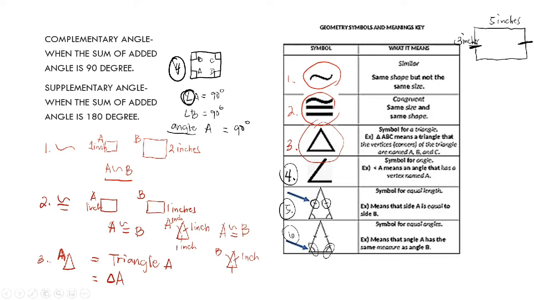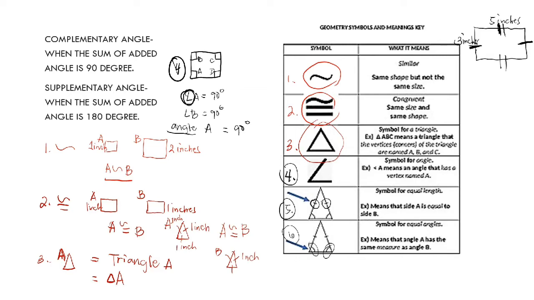And for the top, I cannot use one stroke, dahil kapag sinabi natin one stroke, dapat equal din siya sa side. Therefore, we will use another symbol. Pwede natin gawing dalawang stroke. And since yung 2 stroke means 5 inches, then the bottom side is also 5 inches. Ibig sabihin, they are equivalent.